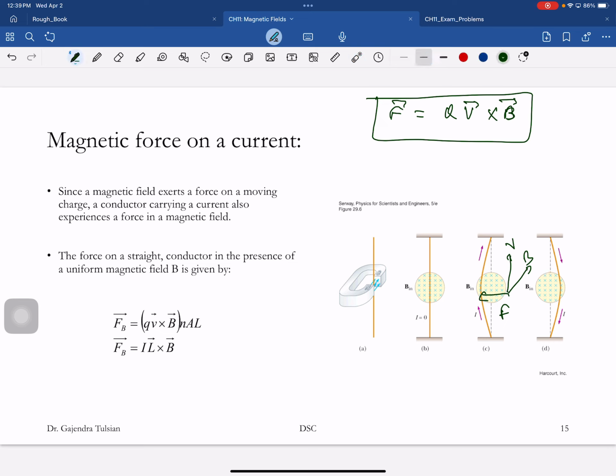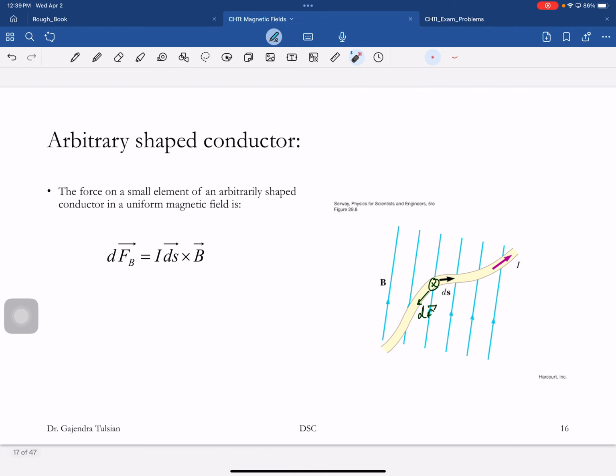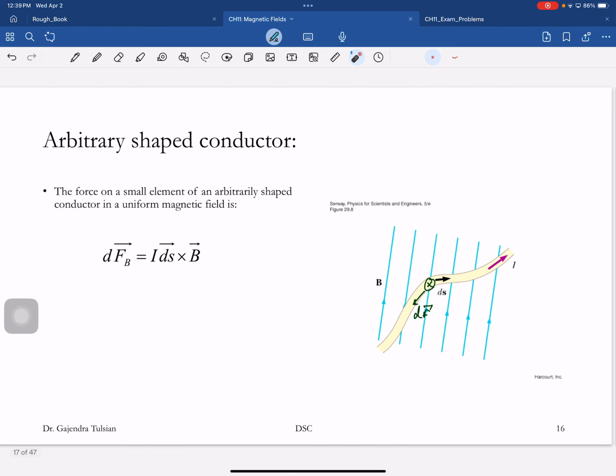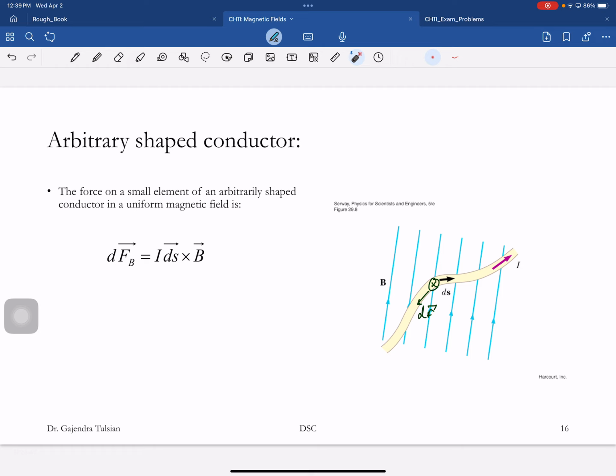So for this guy, there is L. For this guy, there is L. Anyway, so here's the force on a current carrying conductor of length L. And then we saw that if the conductor is not a straight conductor but a curved conductor, you just break up the conductor into little pieces, find the force on each little piece, and then sum up all the forces.